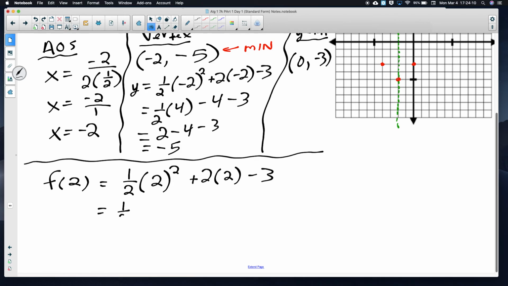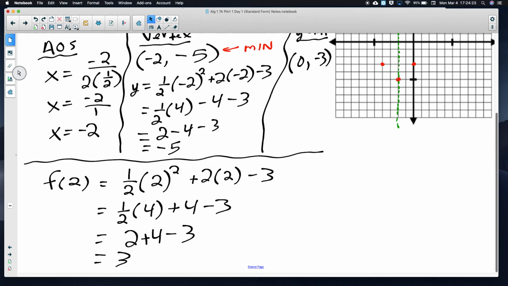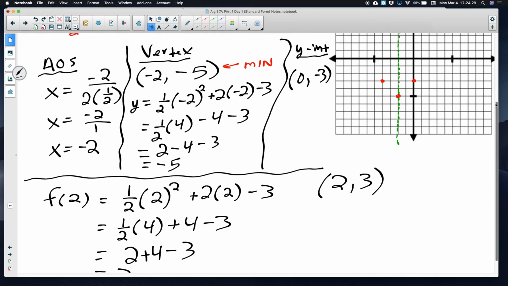So I'm going to get 1/2 times 4 plus 4 minus 3. That's going to be 2 plus 4 minus 3, which is equal to 3. Okay? So this coordinate point, (2, 3), is a solution, which means it's going to fall on my parabola.